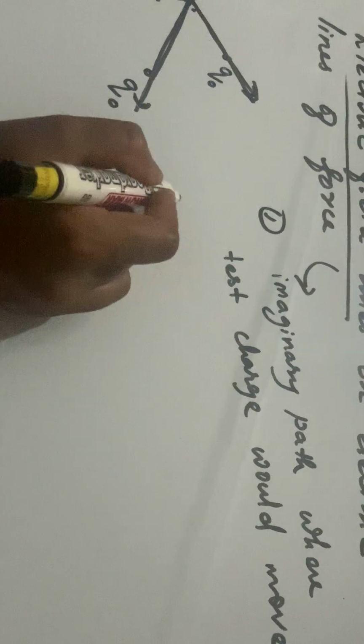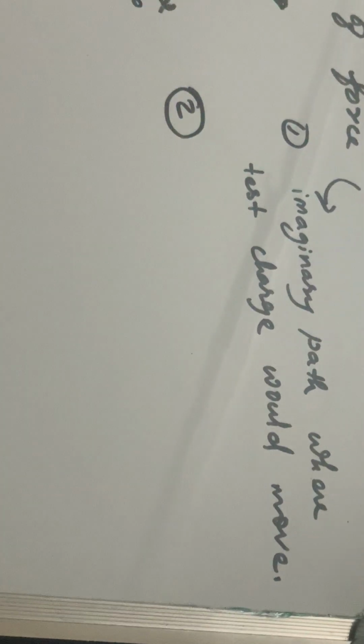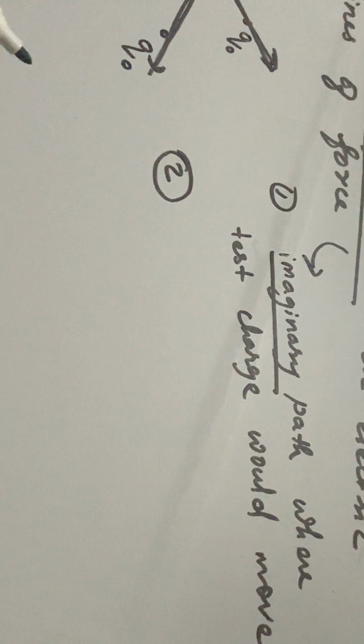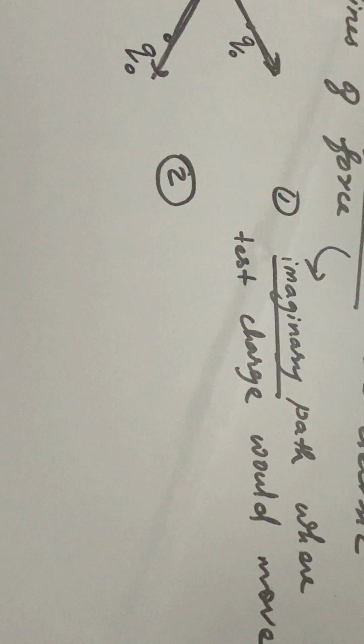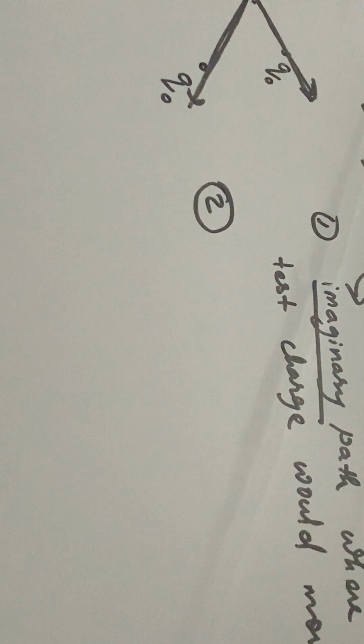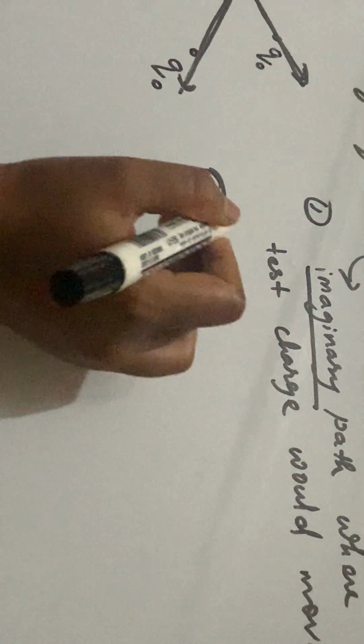Number 2. As I have said, this is an imaginary path, a pictorial representation. Sometimes the field is strong, sometimes the field is weak. Now how to represent the strong field and the weaker field?